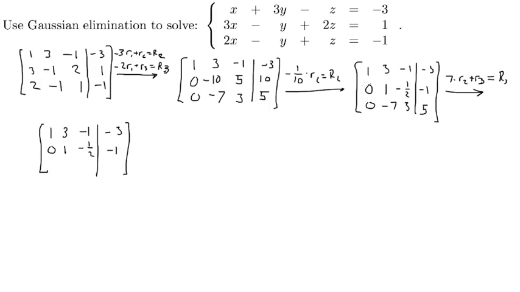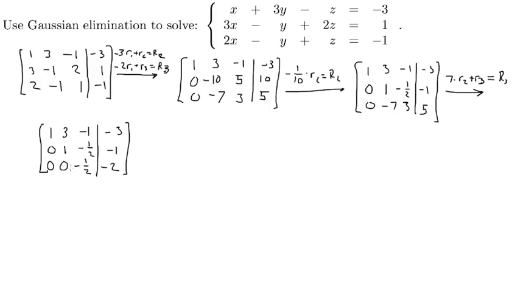Now I add row 2 times 7 to row 3. So 0 plus 0 will be 0. 7 plus negative 7 will be 0. Negative 7 halves plus 3, so it's going to be 6 halves, so that will be negative 1/2. Then negative 7 plus 5, that will be negative 2.